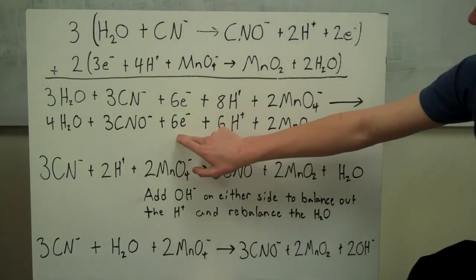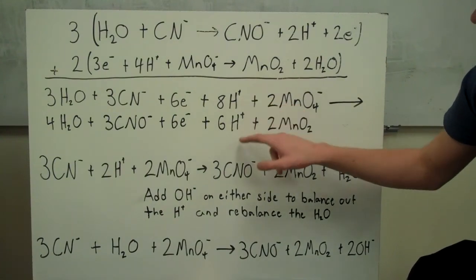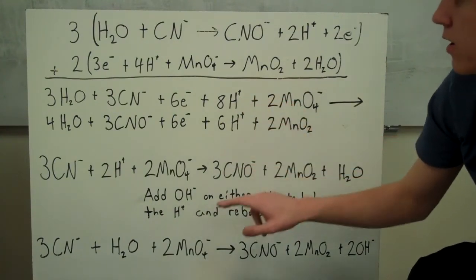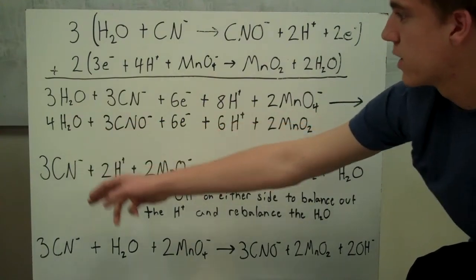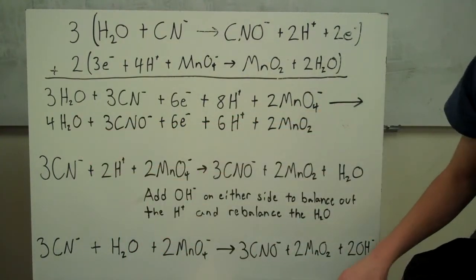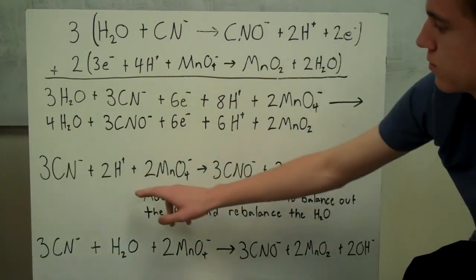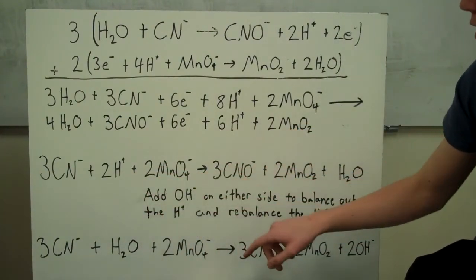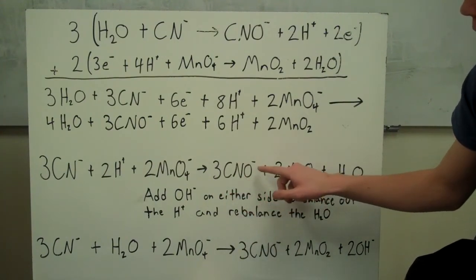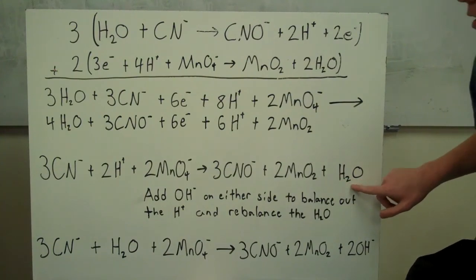So the electrons will cancel out, 6 hydrogen ions cancel out, so we're left with 2 in the reactant side, and 3 waters cancel out, which will leave us with 1 on the product side. So 3 CN1 minus plus 2H plus 2 MnO4 minus yields 3 CNO1 minus plus 2 MnO2 plus H2O.